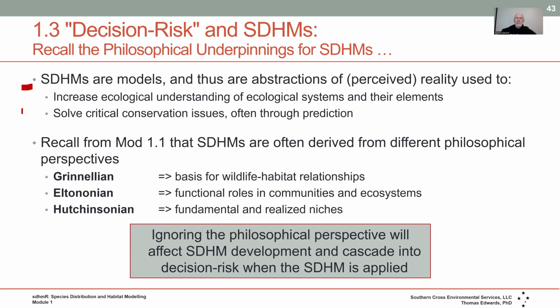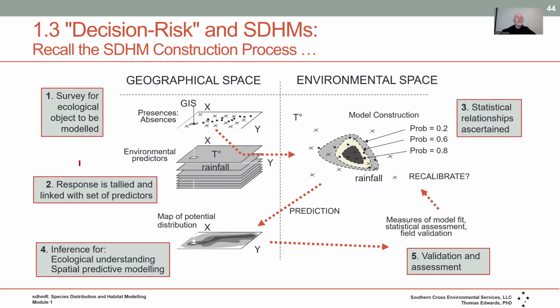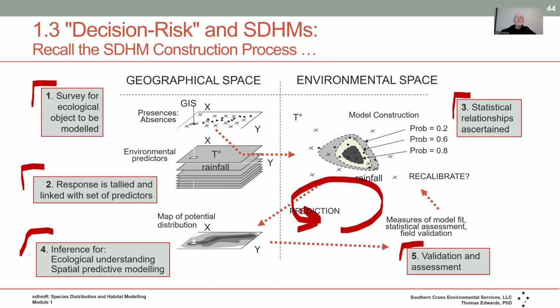Now you need to remember again that these are models, and so they are abstractions of perceived reality. We're trying to increase ecological understanding, and we're trying to use these to solve conservation issues. It helps for us to frame these in particular philosophical perspectives. Again, review: one, we survey; two, we tally; three, we build; four, we infer; and five, we validate. And oftentimes this involves circular feedbacks.